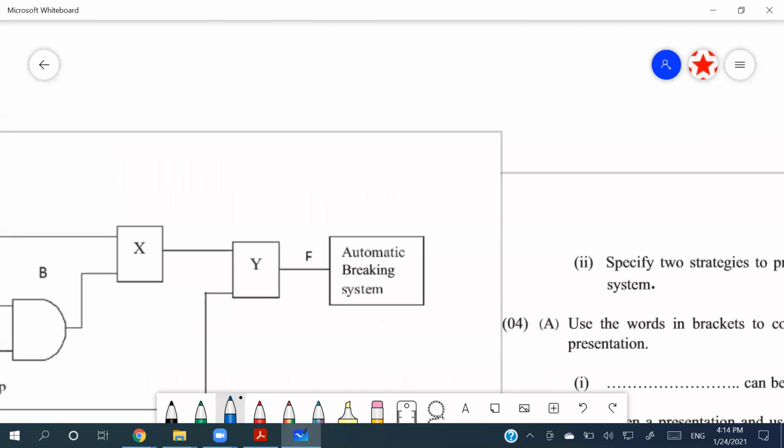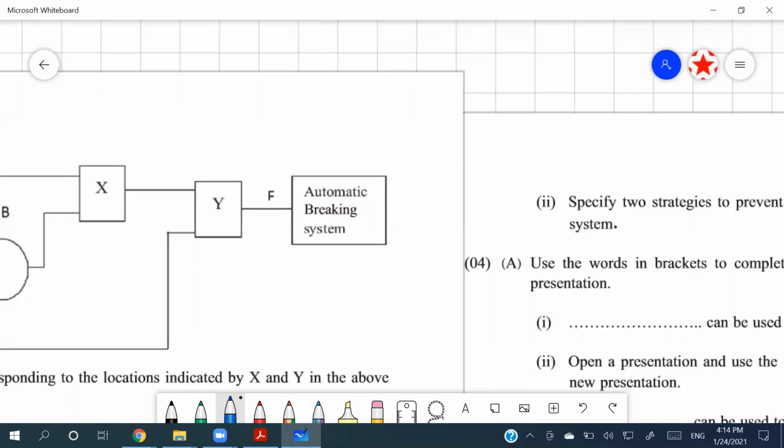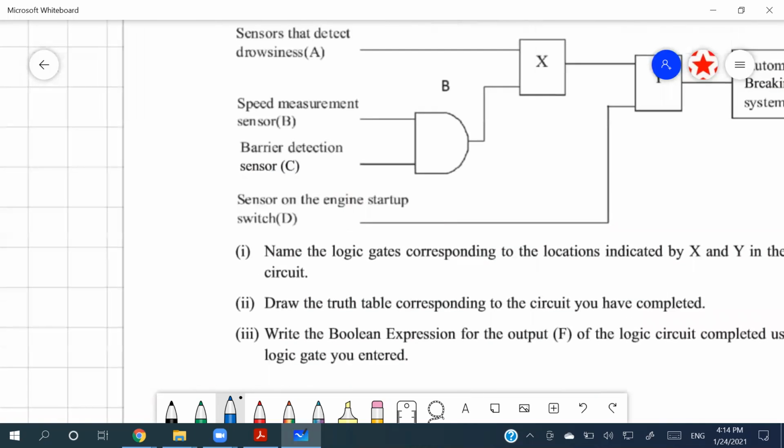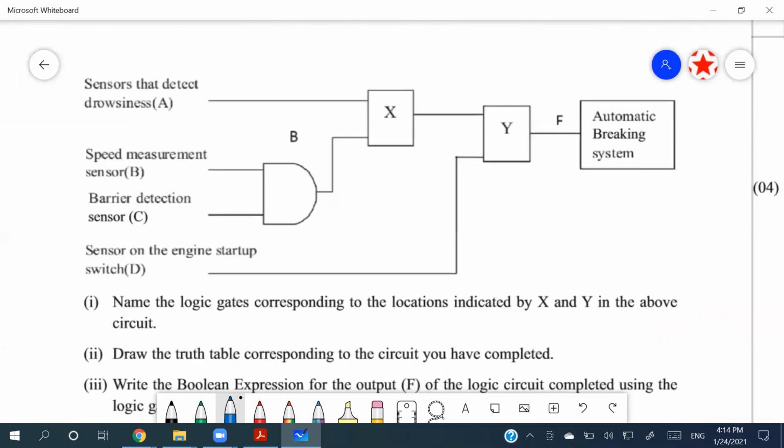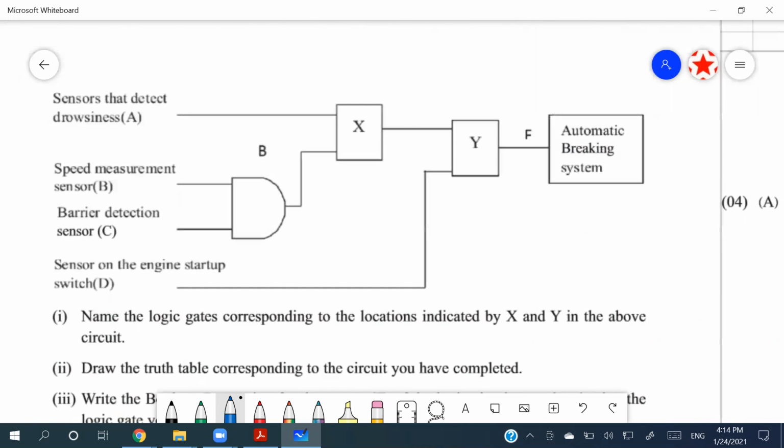Yeah, they have given you this schematic diagram. And it says, name the logic gates corresponding to the location indicated by X in the above circuit. Yeah, so what they are trying to do is develop an automatic braking system, right?